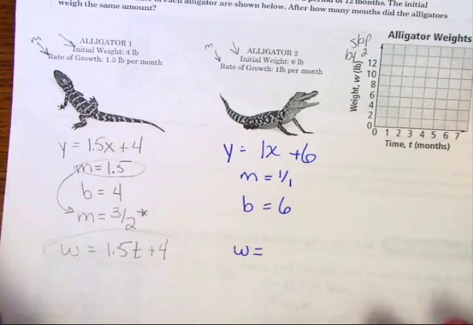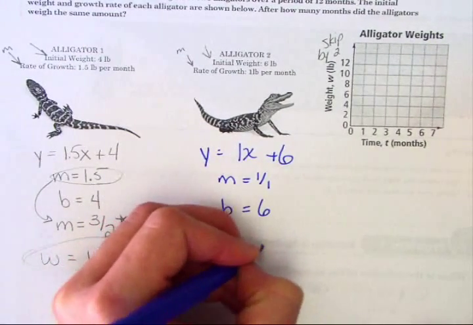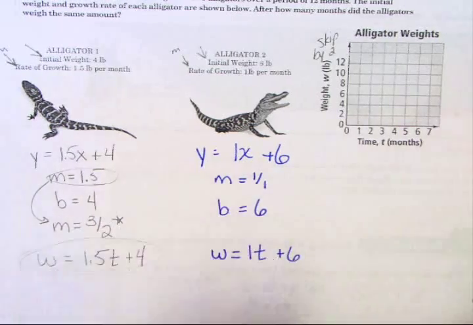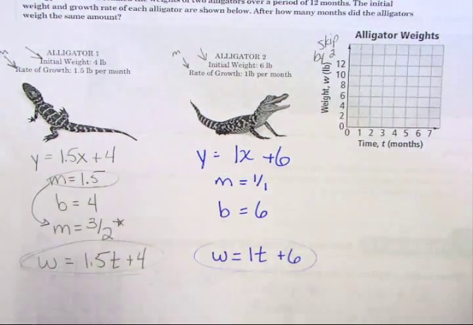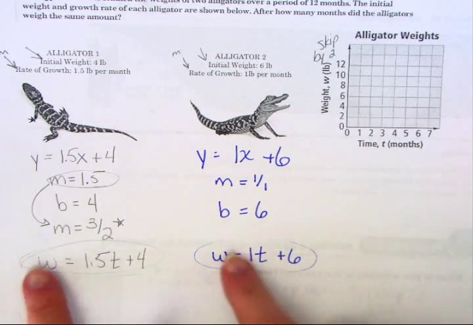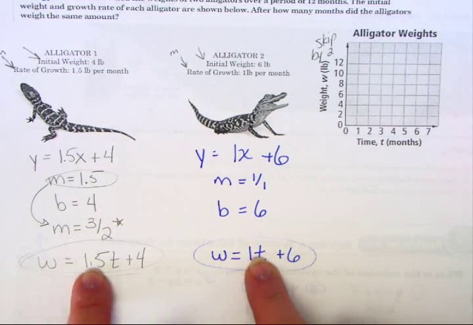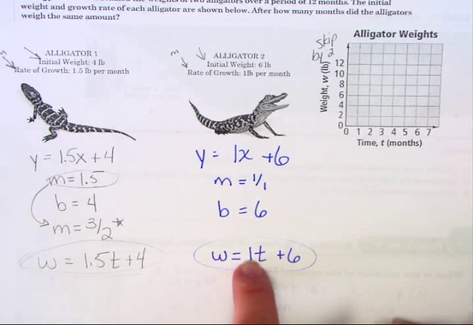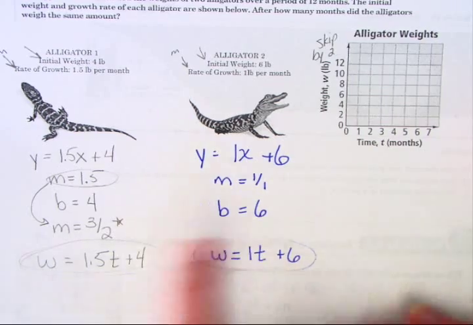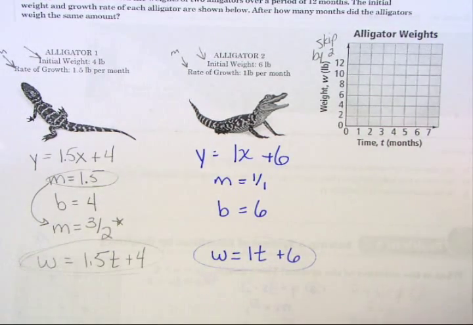So on the second alligator, w is going to be 1 times t plus 6. Sometimes we get in the habit of always using x and y, and that's not wrong, but it's also good sometimes to use variables that help us relate to the problem. That way when you look at it, you could say, oh, the weight is 1 times the time plus 6, okay? They just kind of help us identify.